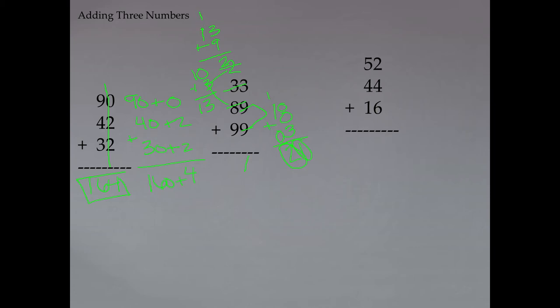So 1 plus 1 equals 2. But really what I'm saying is 10 plus 10. So now I have 22. Because I don't have anything in my hundreds column that I'm adding, I'm simply going to bring down my 22, and my answer is 221.